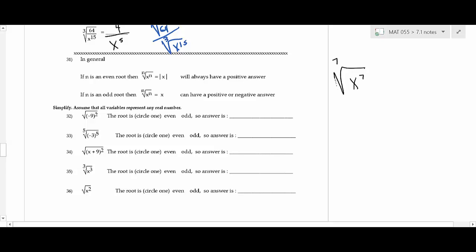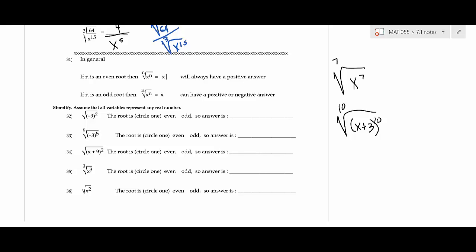You might have the 7th root of x to the 7th. Or you might even have something like x plus 3 to the 10th with the 10th root. But the thing we're looking at is a situation where that exponent matches the root. Even on that, a square root is a second root, so that matches the exponent, and so forth. So that's what we're looking at.